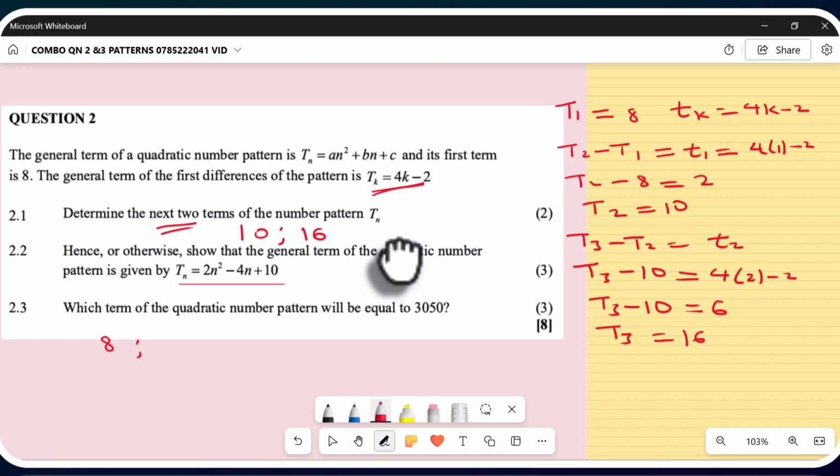So in here, we're going to say 2n squared minus 4n, then minus what? 3040 equals 0 here.